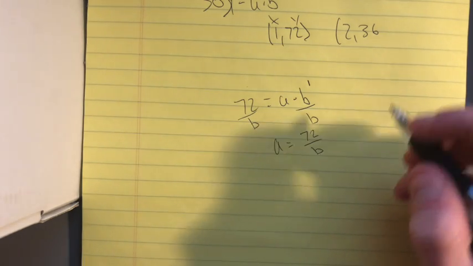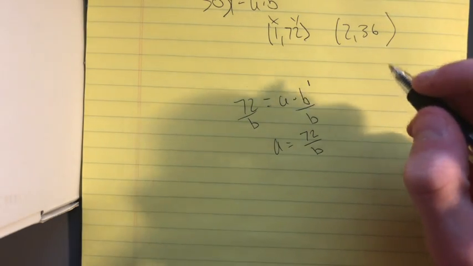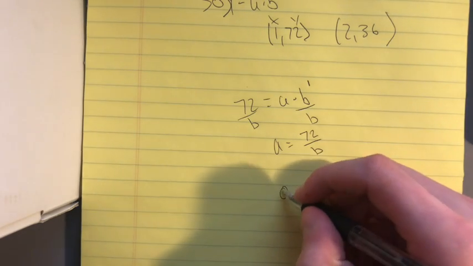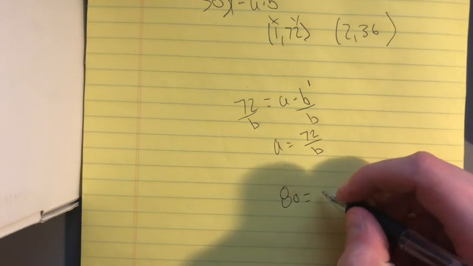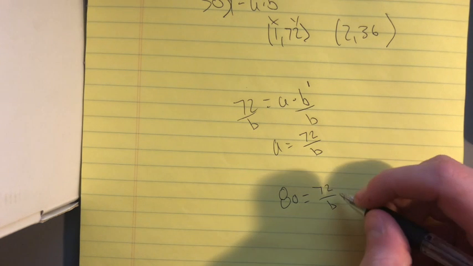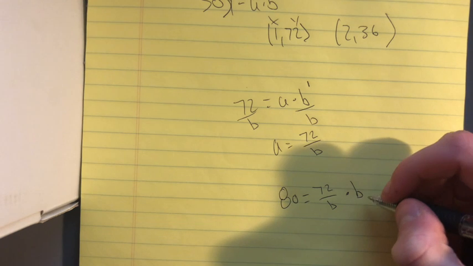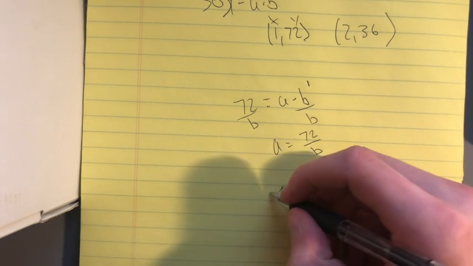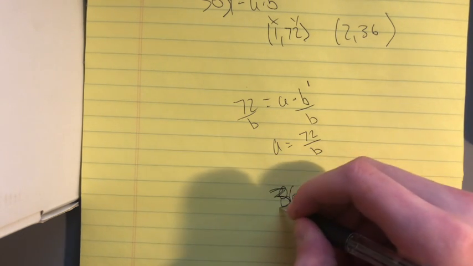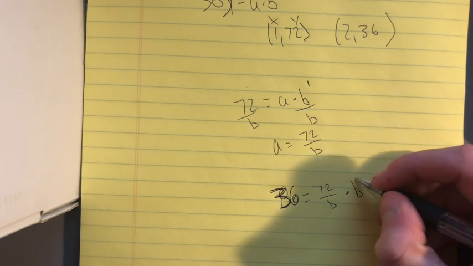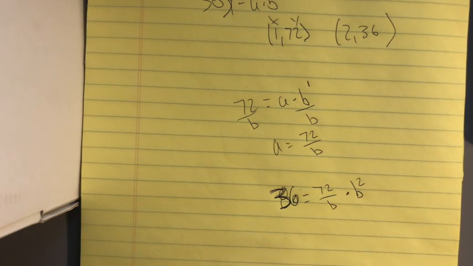So we plug in 36 equals 72 over b times b to the second power.